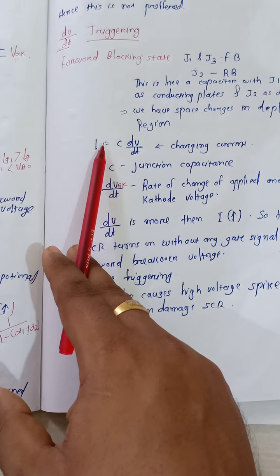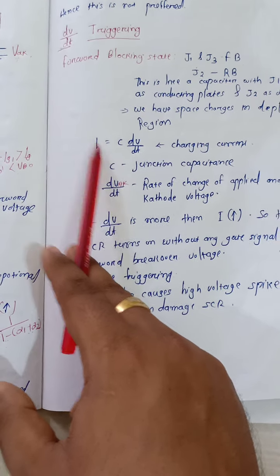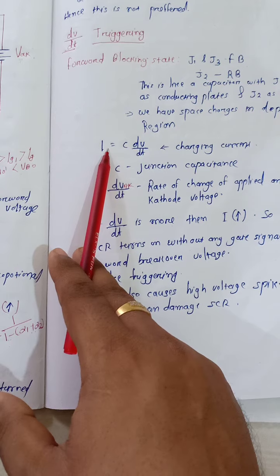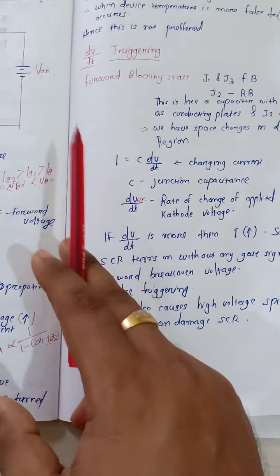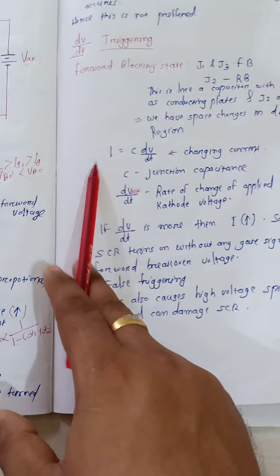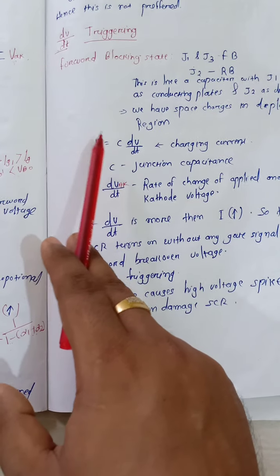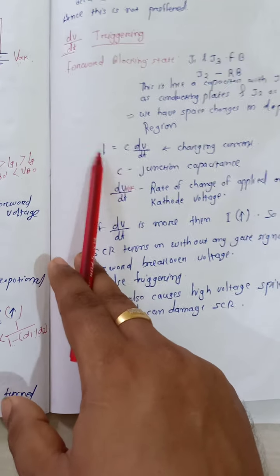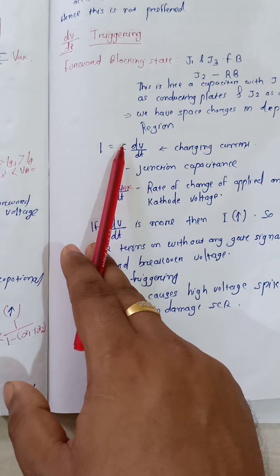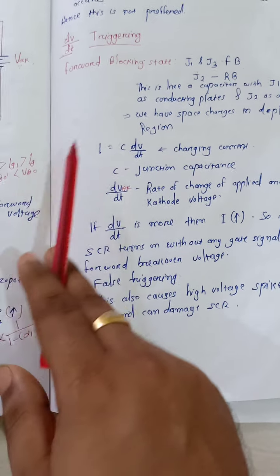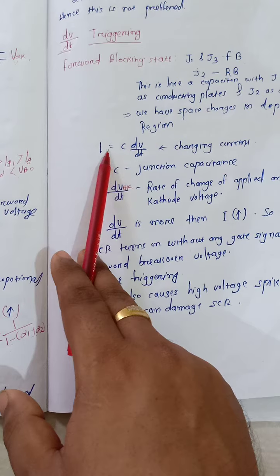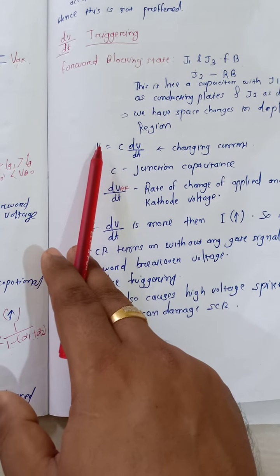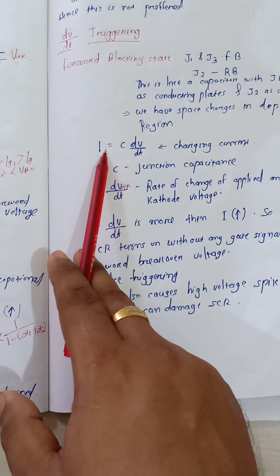So I is our anode current. So when we start increasing our anode to cathode voltage, if the rate of change of voltage is sufficiently high so that our anode current goes past the value of latching current, then false triggering happens. That is, this triggering is unwanted. So why is it called false triggering?